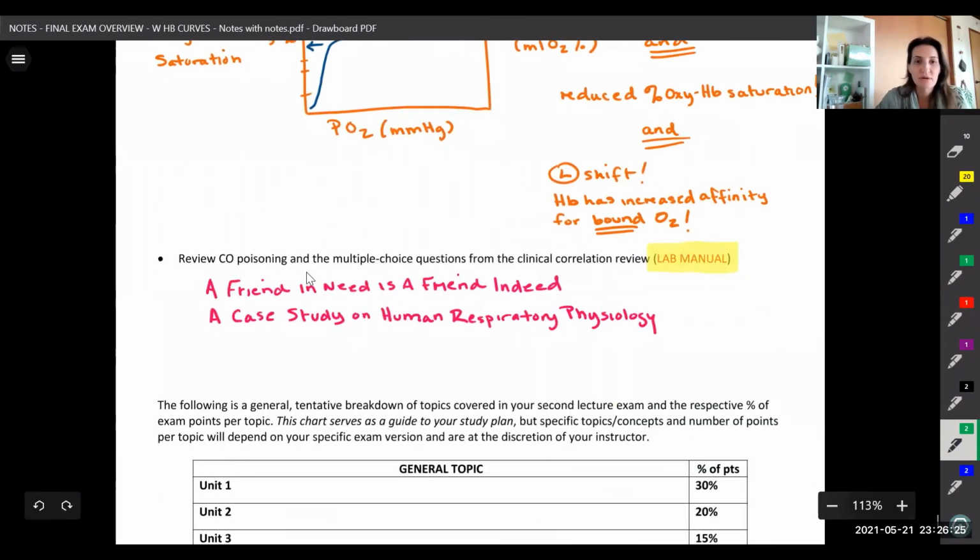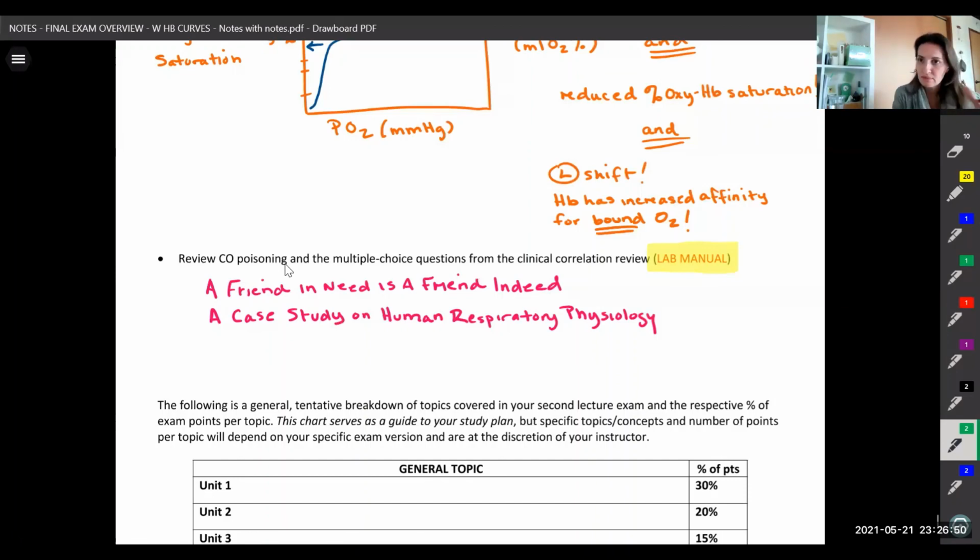The last thing I note here is you want to review that CO poisoning in the multiple choice questions from that lab manual clinical correlation. I already have the key posted for that, so I don't think that's something we need to review in detail together. And I know I posted Dr. Street's recorded overview from YouTube as well, so that might be useful if you want to run through it with her video too.